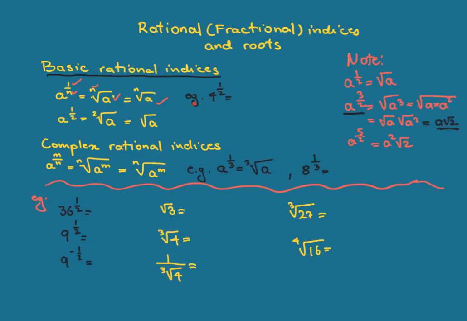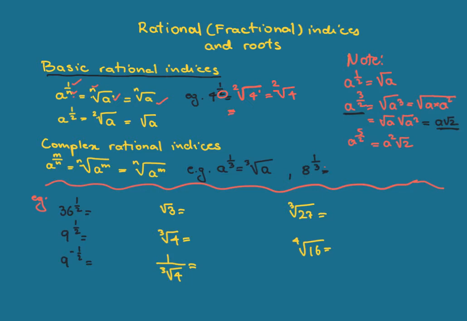Here's an example: 4 to the power of half is equal to, so it's the same as what? The square root of 4, where the 2 goes here as the root and the 4 with the 1 becomes just 4.